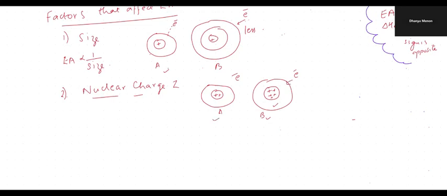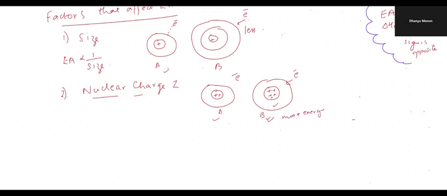This same case we saw for ionization energy too, right? So electrons are more attracted by B than A. So more energy is released by B. Electron affinity is the energy released, right?